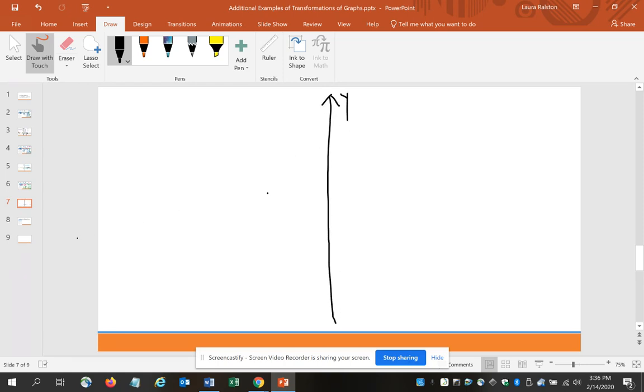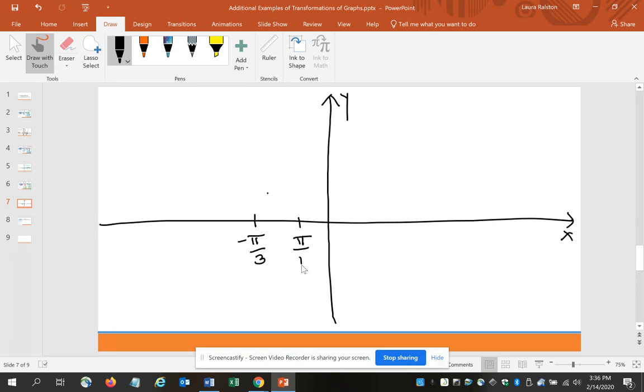That's the Y. Then we have the horizontal, which is the X. And so we're going to start at negative pi/3. Then we go to negative pi/12. Then we go to pi/6. Then we go 5 pi/12 and 4 pi/3. Okay.